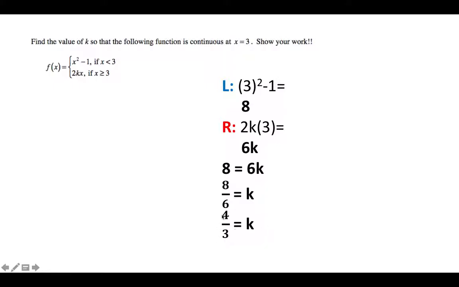Basically, if I was to take this k, 4 over 3, I plug it into here, I'll get 8 over 3x as my function down here. And then if I was to graph this on Desmos, you'll see that your functions will meet and you will create a continuous function, a continuous piecewise function. So that is how you do these types of examples. You're going to go ahead and move on to the task now, and good luck.